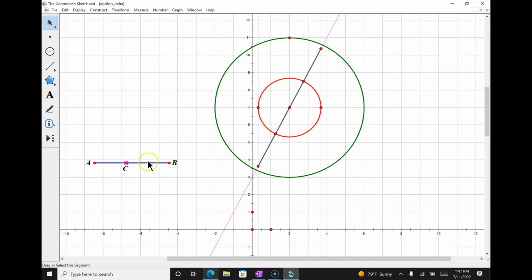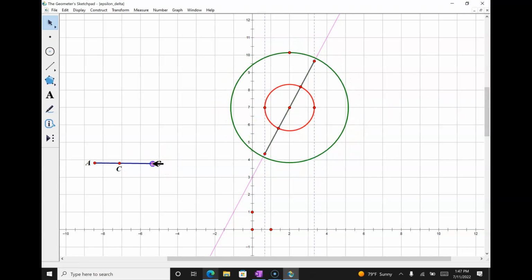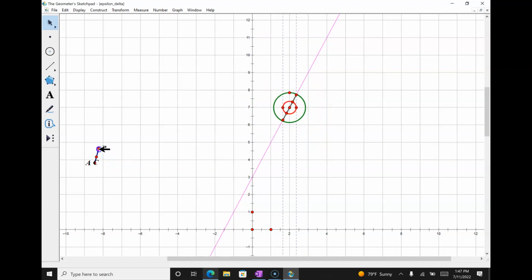So when I shrink my epsilon down to nothing, what happens? What did I hit? Center. The bullseye. I got the limit. You'll see another one, okay?